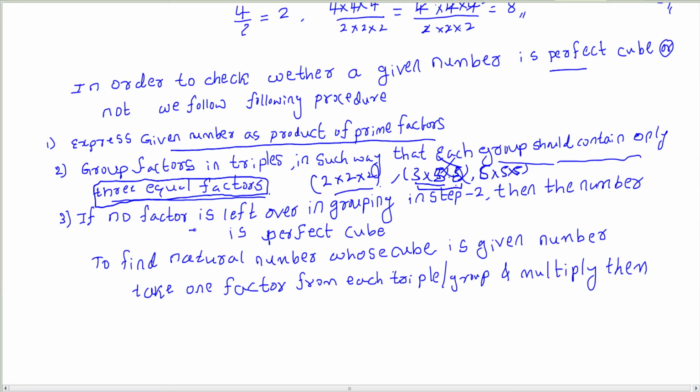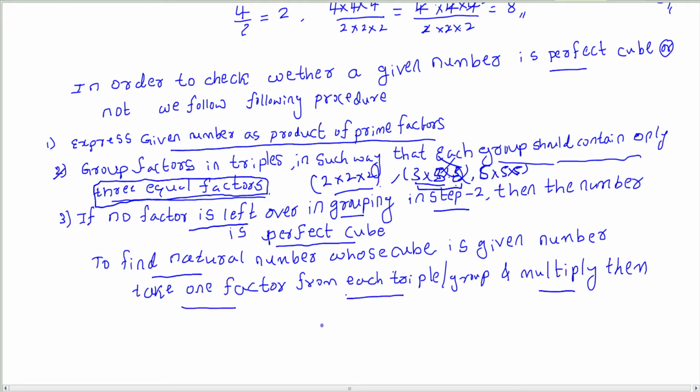If no factor is left over in the grouping in step 2, then the number is a perfect cube. Then, to find the natural number whose cube is the given number, you take one factor from each group and multiply them.